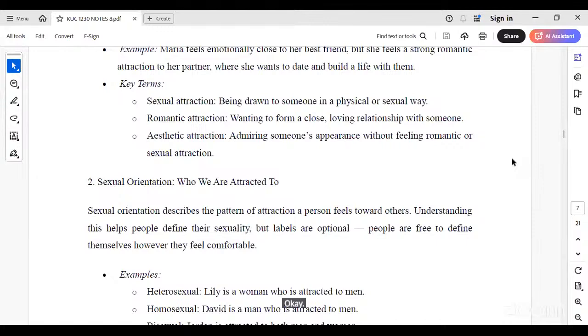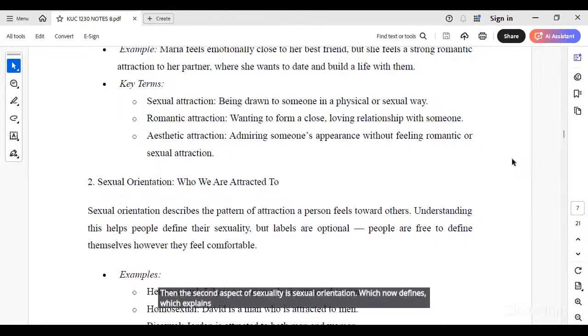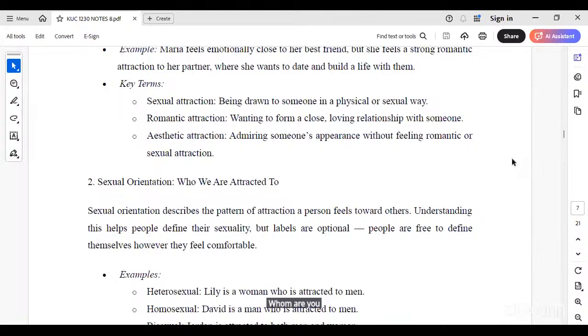Then the second aspect of sexuality is sexual orientation, which defines, which explains whom you are attracted to. Whom are you attracted to? Okay. So the pattern of attraction is described by sexual orientation.